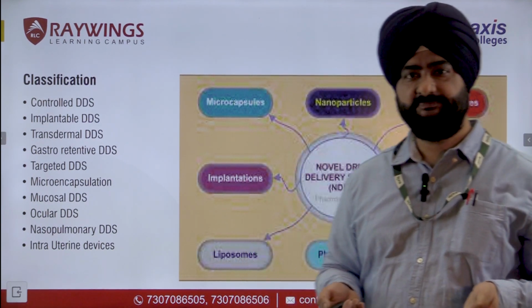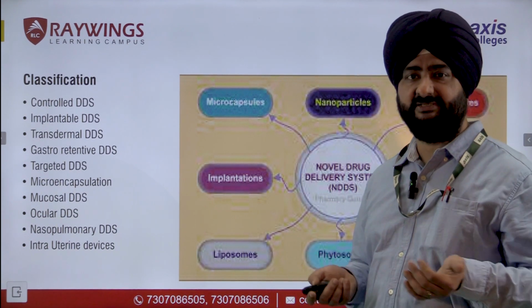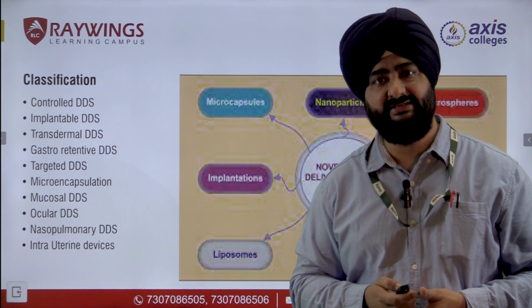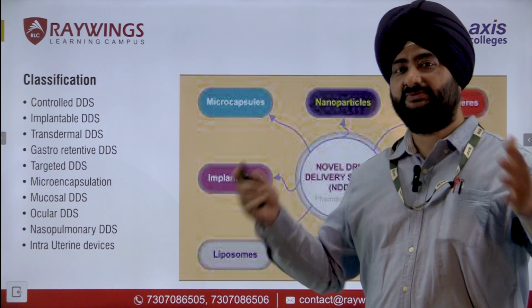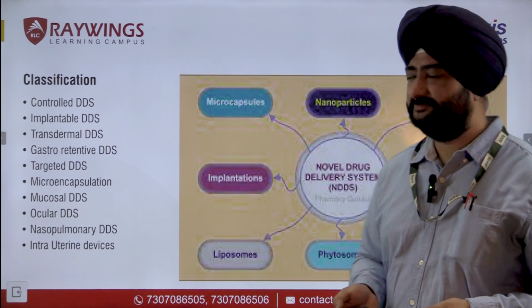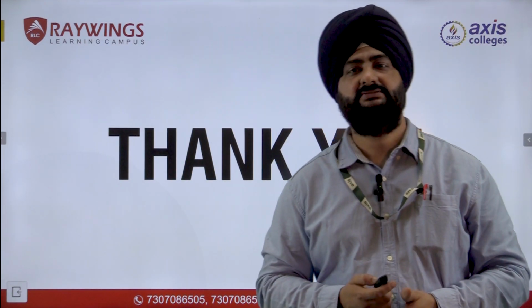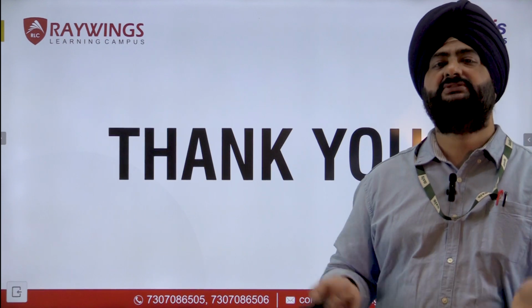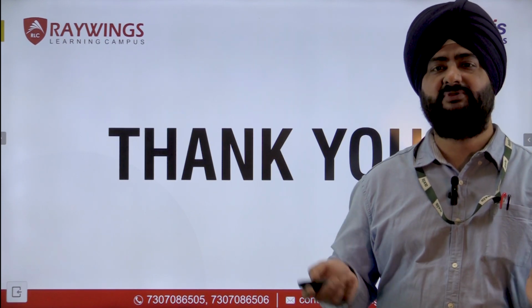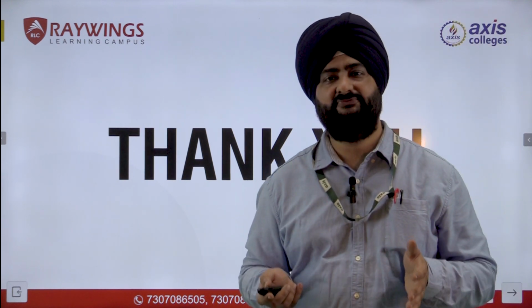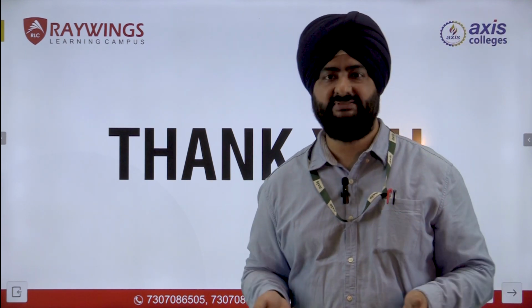What are their sizes? What are the differences between them? What are the different drug delivery systems in novel drug delivery system? This is also a very big topic, so we're going to cover that also. By this I conclude. So it was an introduction of the pharmaceutics subject in D.Pharm first year, the whole syllabus. Thank you.